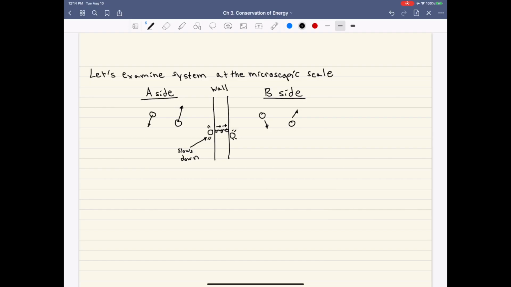And so when they run into the wall, basically what happens is the energy that was being transferred from side A through the wall is then transferred to any molecules that are touching the wall on side B. And what happens to them is they end up getting faster. They end up moving faster.